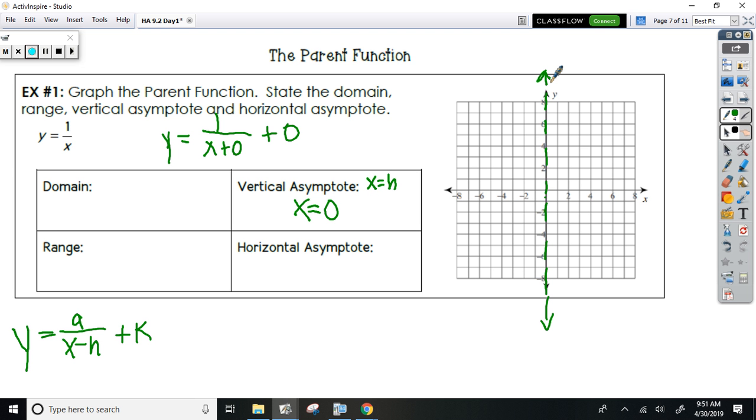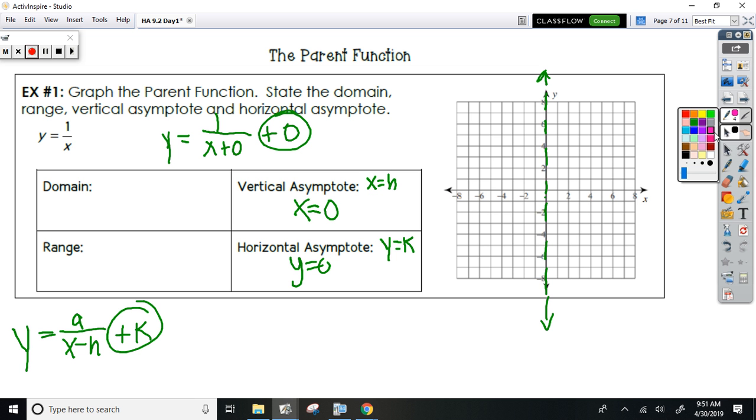But you'll notice that the curve's getting really close to that. The horizontal asymptote is y equals k. The k variable is at the end, so this one will be y equals 0, which is horizontal at y is 0. So go ahead and sketch that in. A lot of times they will be the x and y axis, but when we start shifting up, down, left, and right, the asymptotes can move.